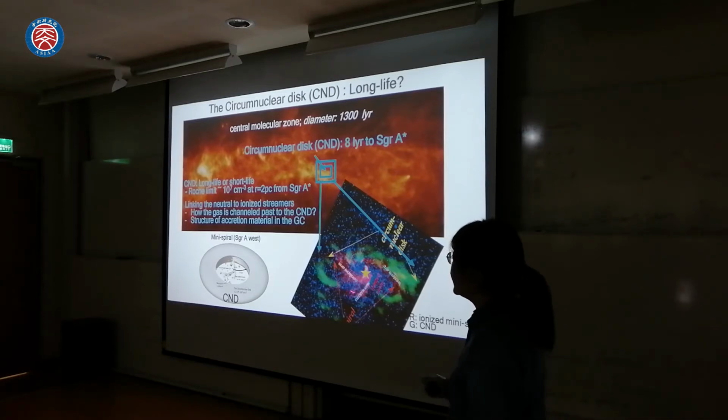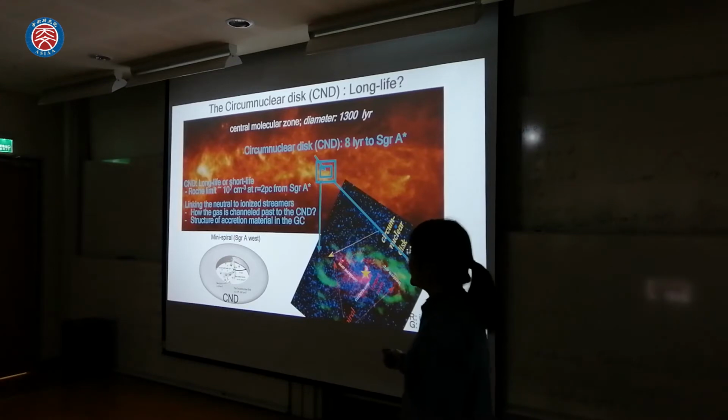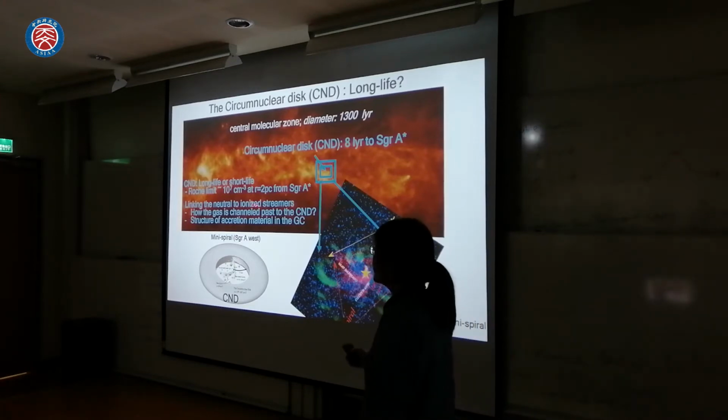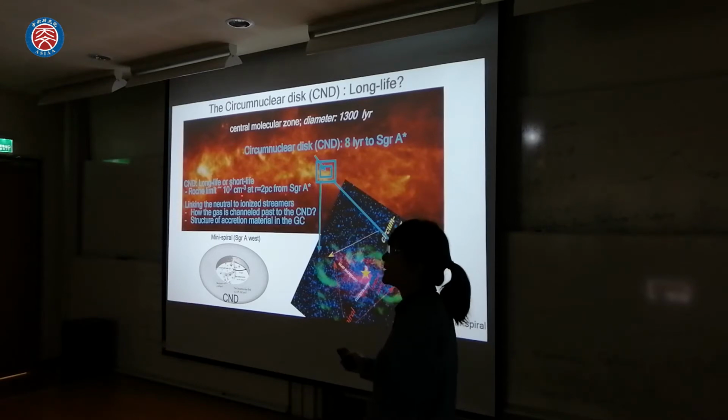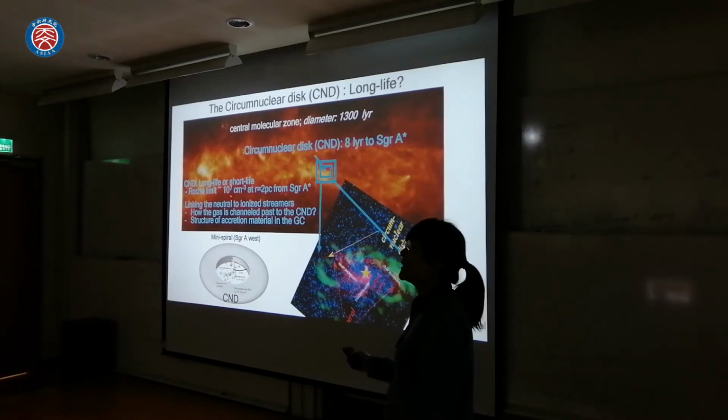So determining the density is an important issue to understand the life cycle of feeding material close to the supermassive black hole. The Roche limit at a radius of 2 parsec is 10 to the 7 per cubic centimeter. This is the molecular hydrogen density. So this is the threshold. If the gas density is lower than this Roche limit, then the gas will become gravitationally unstable.